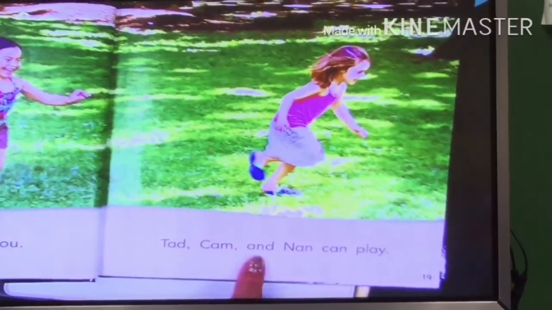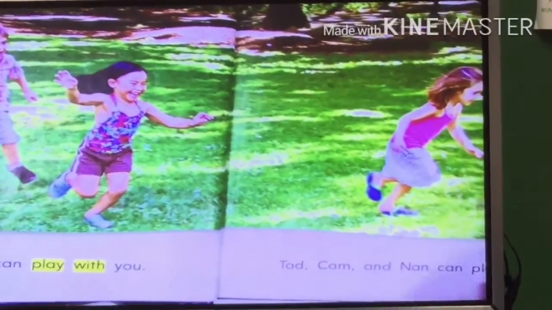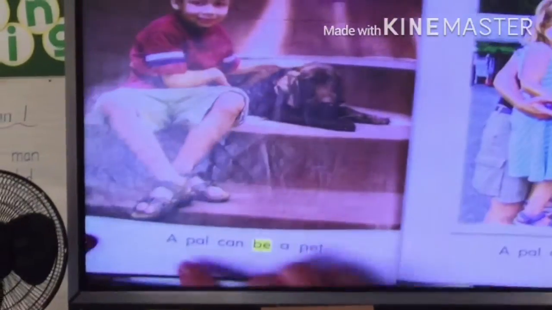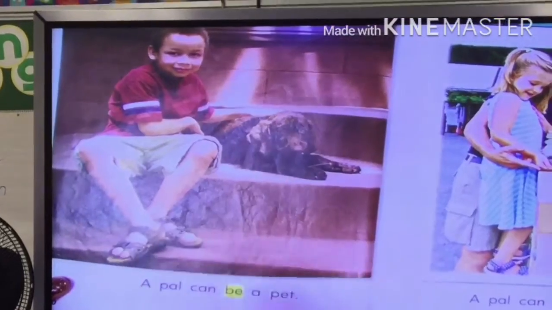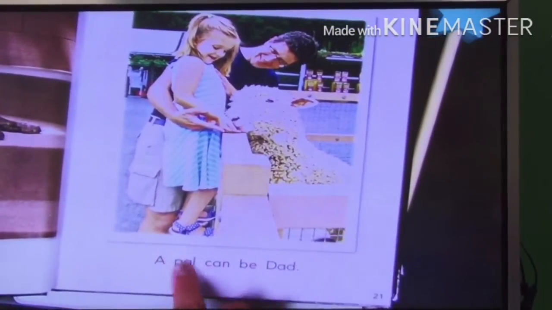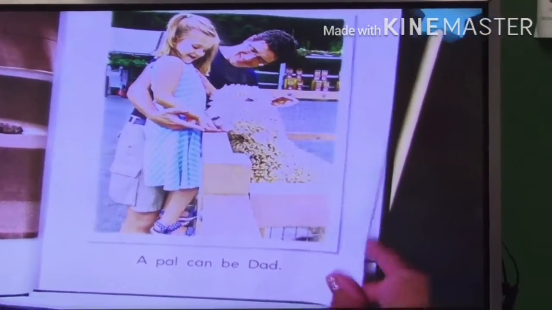Tad, Cam, and Nan can play. A pal can be a pet. There's his dog. Dogs can be very good pals. A pal can be Dad. Dad can be your pal.